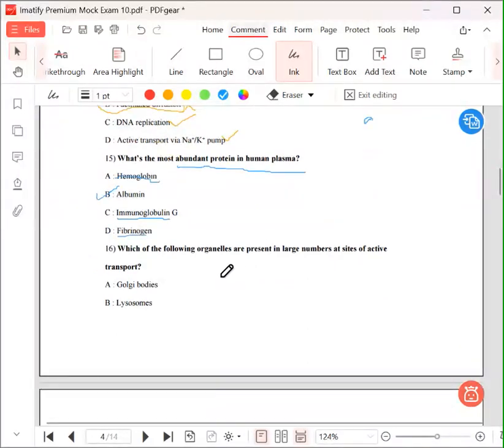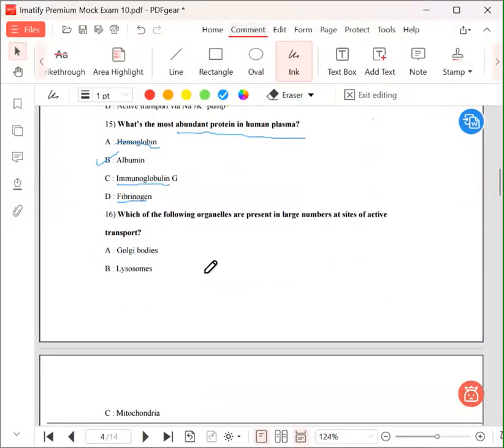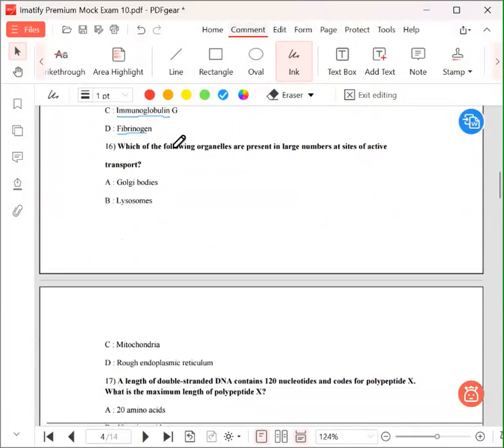Next question. Which of the following organelles are present in large numbers at sites of active transport? As we have discussed, active transport means use of energy, production of ATP, hydrolysis of ATP. So is the Golgi body involved in it?